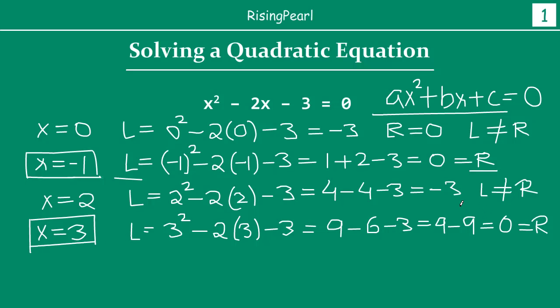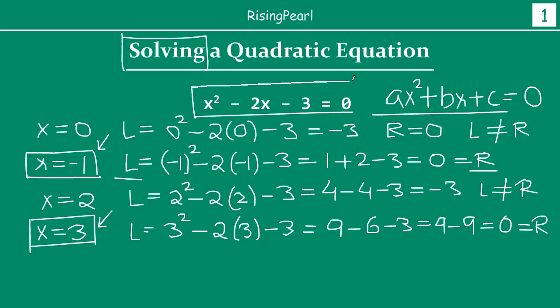So whenever we talk about solving a quadratic equation, what we really mean is that we are trying to find these values of -1 and 3 in this case that satisfy the equation.